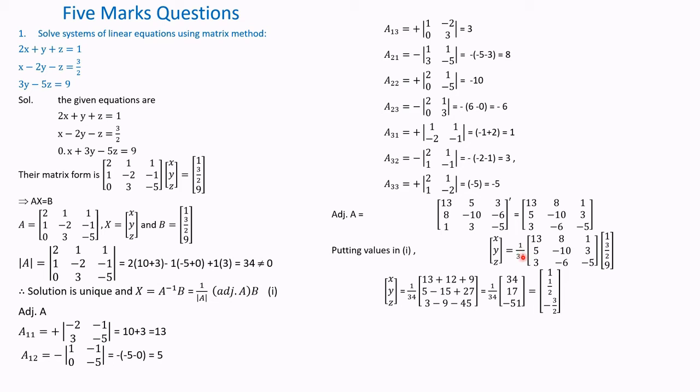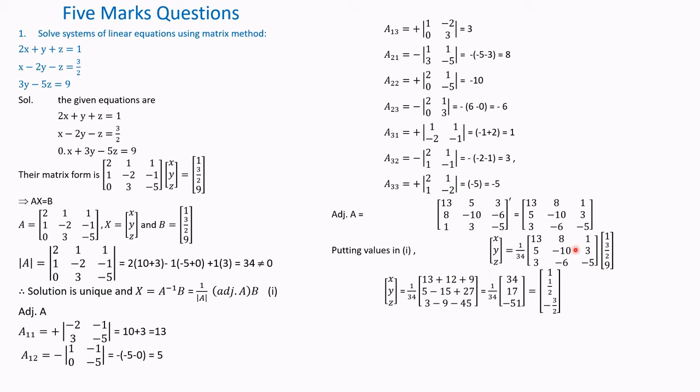Therefore, 1 by 34 into 13 into 1 is 13. Then 8 into 3 by 2 is 12, plus 1 into 9 is 9. So the first row into column 1, we have got 13 plus 12 plus 9.